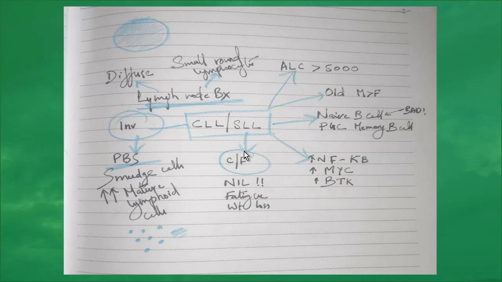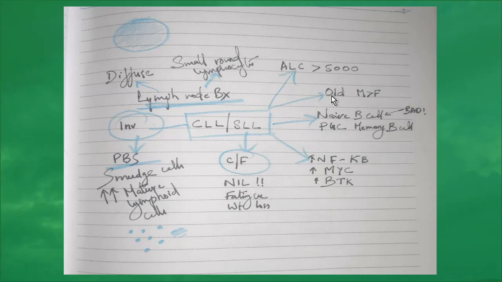So it is called CLL/SLL. To call something CLL, you need an absolute lymphocyte count of at least 5,000 in the peripheral blood. Usually it presents in old people with a male predisposition, I think 2:1.